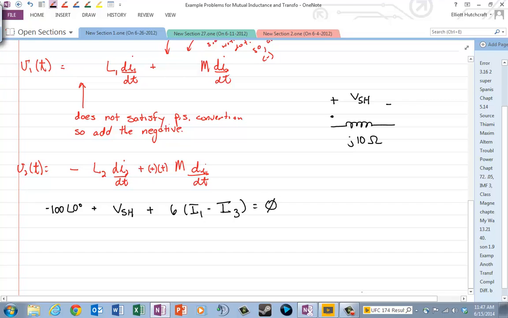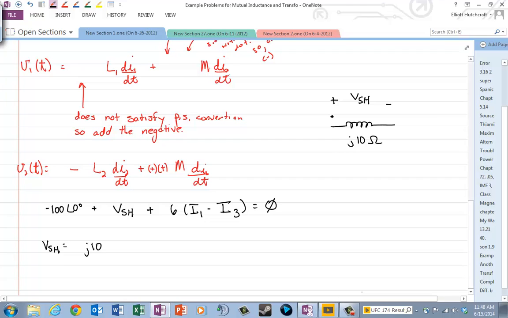The way I think you need to do this is, V5H is supposed to be J omega, well, it's supposed to be the self term, which is going to be J10 times the current. Well, the current going into the dot is just going to be I1 minus I2.